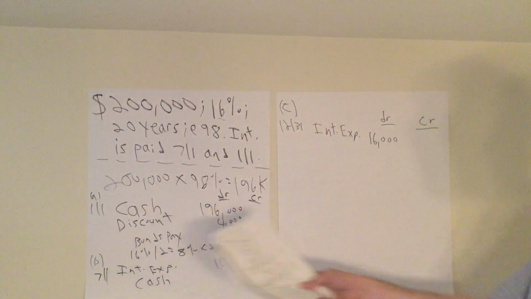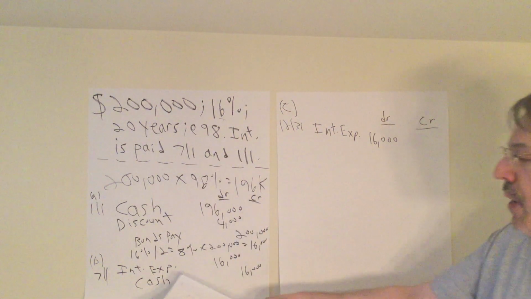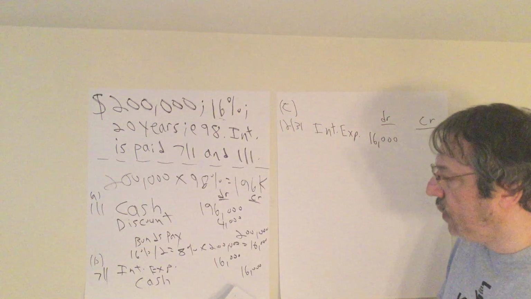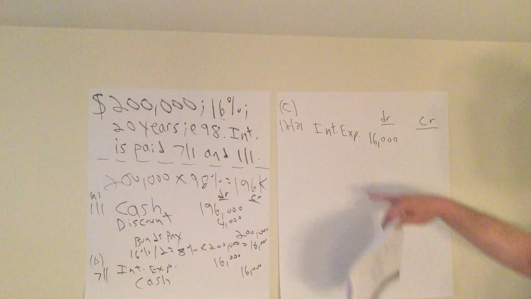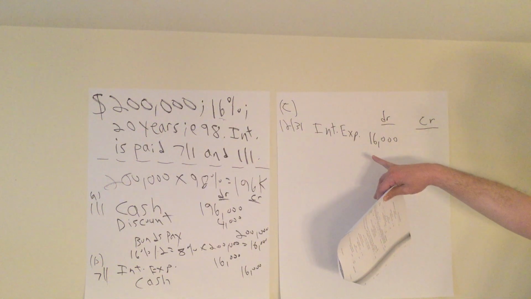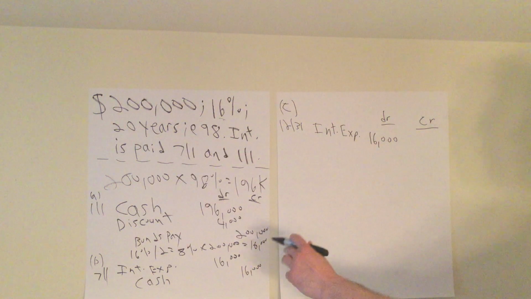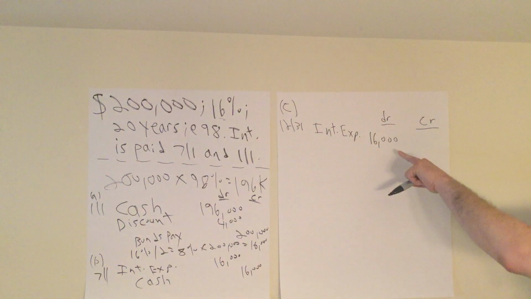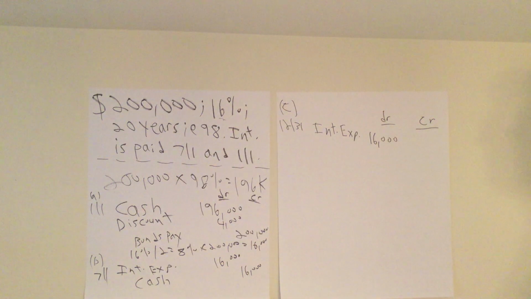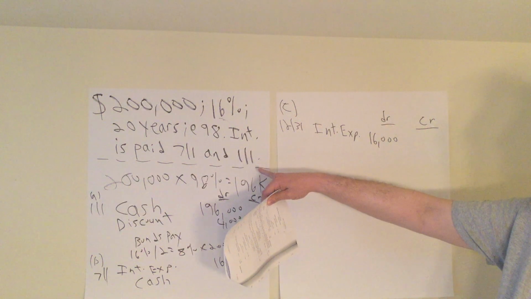All right, so on January 1st, we issued the bonds. 6 months later, we pay the first interest payment. All right. And then the next part is, at the end of the year, we incur another 6 months interest, right? Because this is July, so in December, we have another 6 months interest of $16,000. But when do we pay it? We're going to pay it a day later on January 1st.